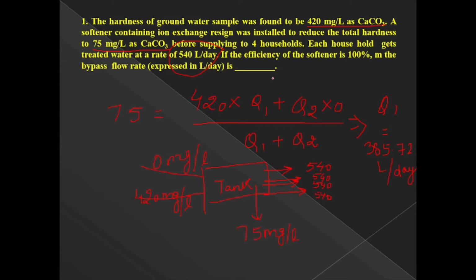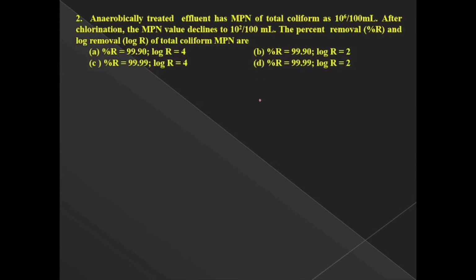Now let's move towards question number 2. An aerobically treated effluent has an MPN of total coliform of 10 to the power 6 per 100 ml.